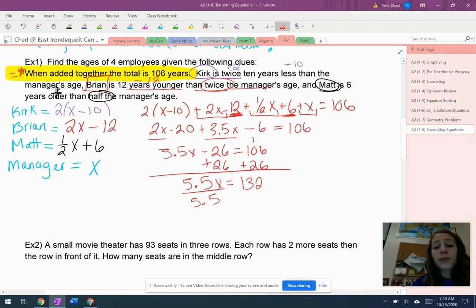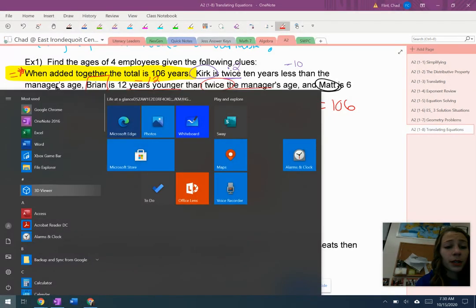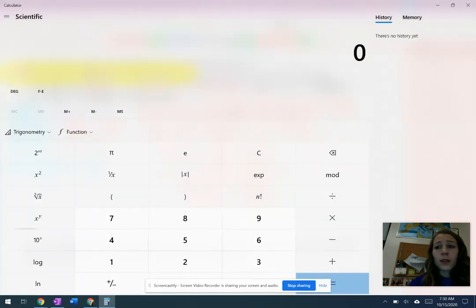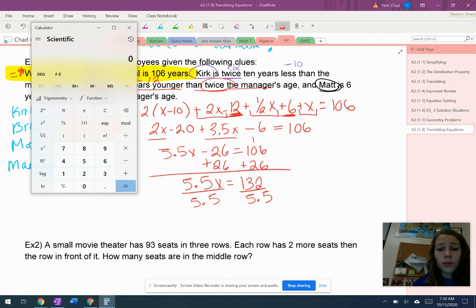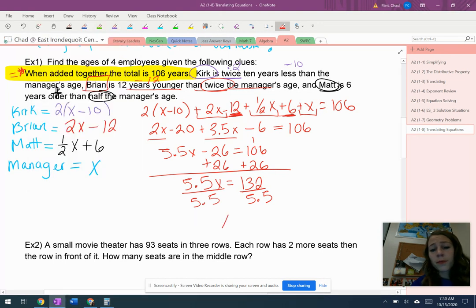Divide by 5.5. And this is where we're going to jump to a calculator, which I don't have open. So I'm going to go to my little baby calculator here. So we have 132 divided by 5.5, which is 24. So x is equal to 24.